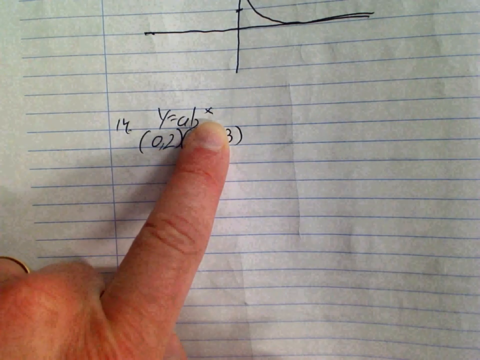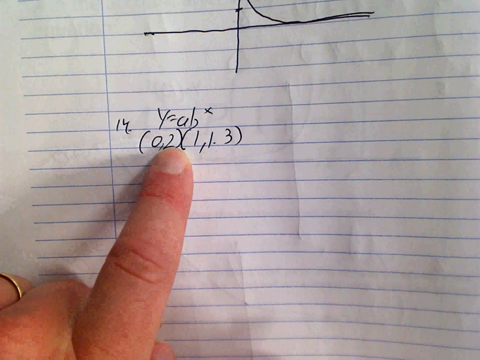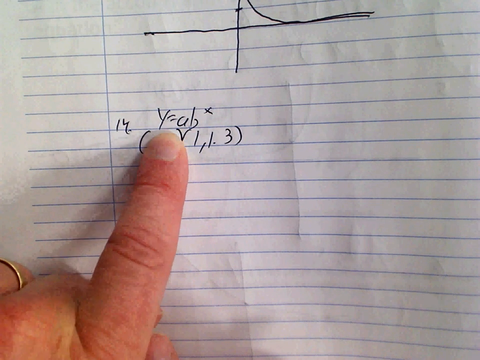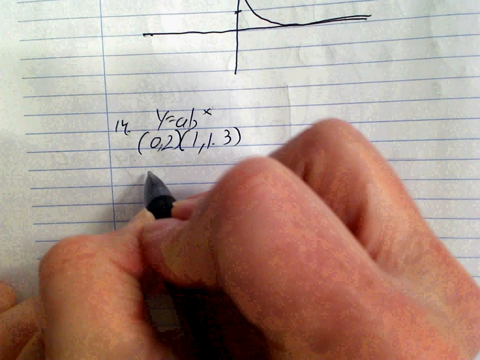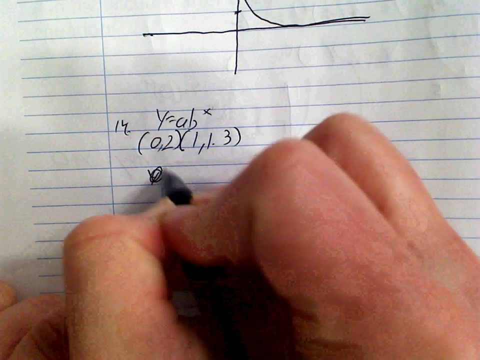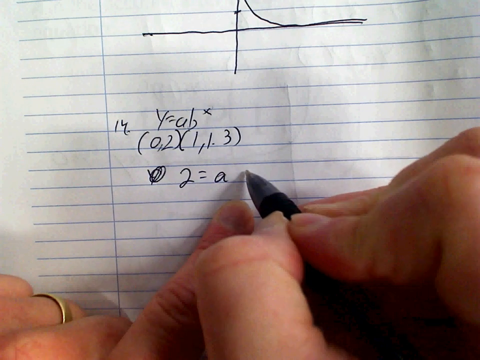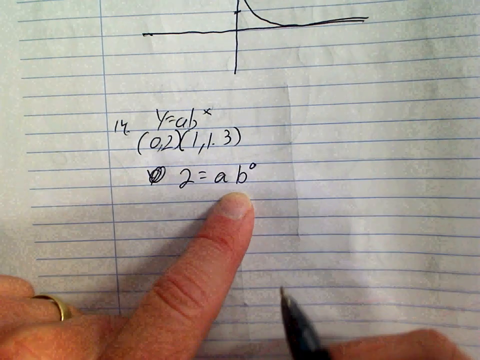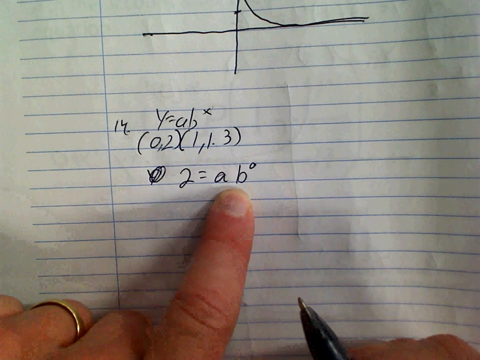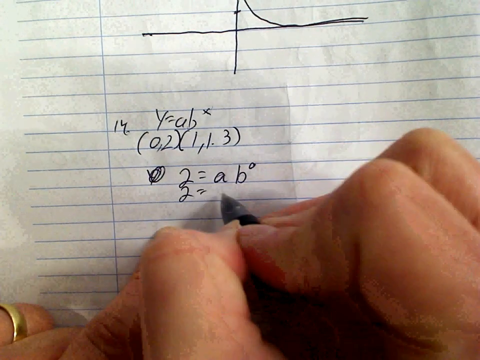When x is 0, you get an output of 2. So that tells us 2 is what you get when you have b to the 0. B to the 0 is 1, so 2 must be the a, right?